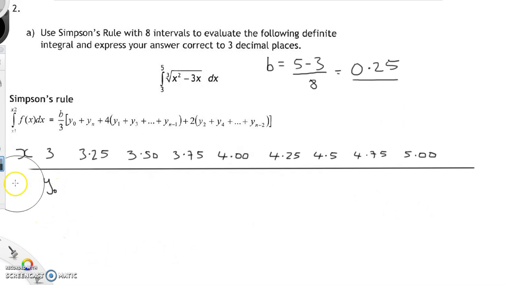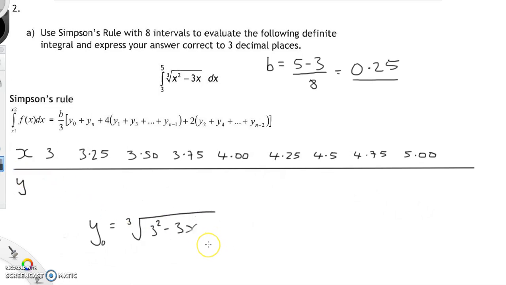We're going to figure out y0 by plugging 3 into our function, which is the cube root of x squared minus 3x. In this case it's going to be 3 squared minus 3 times 3.